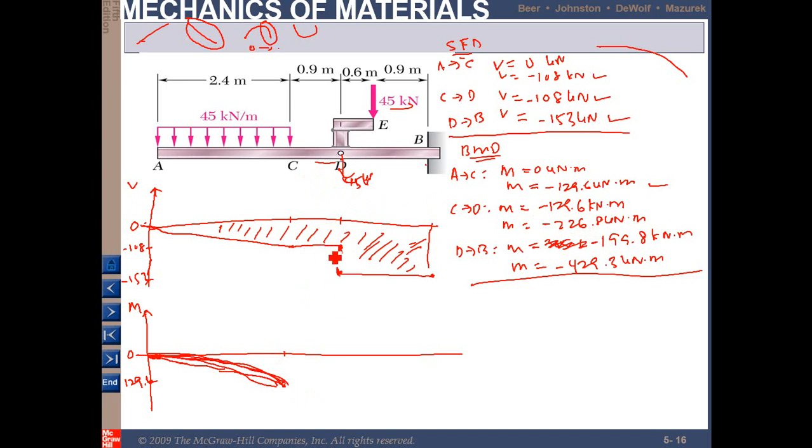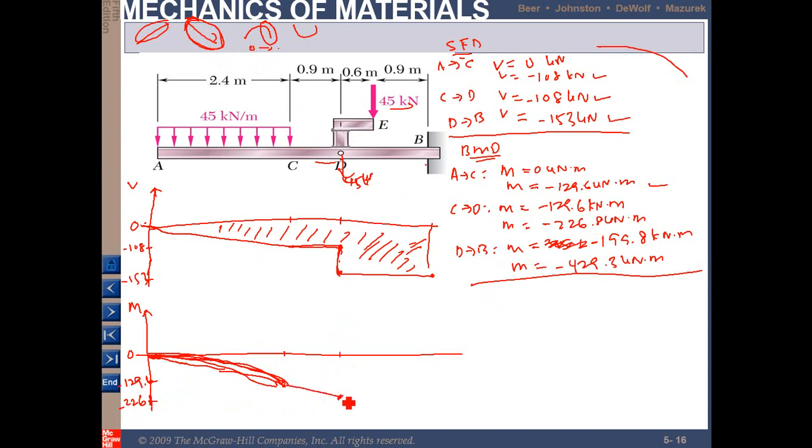It will go inclined because it is a constant straight line for the shear force. For moment it will go inclined, either like this or like this, but because it is going down to 226.8 negative, of course it will go down like this. So this is C, so it will go straight to here.